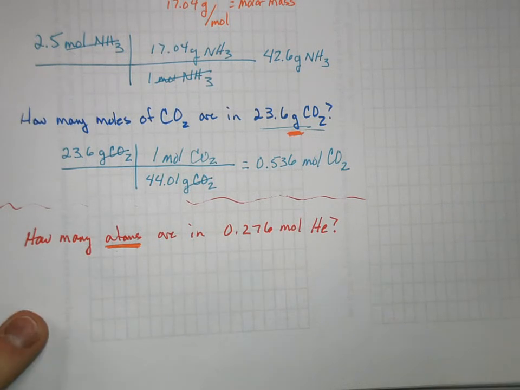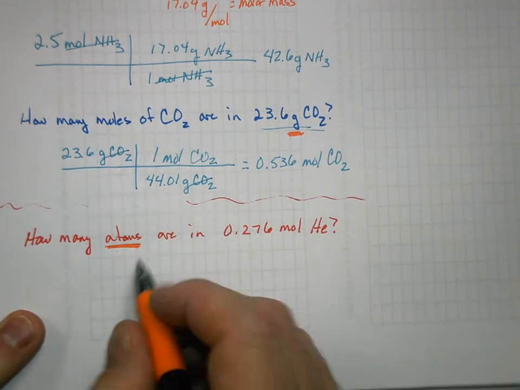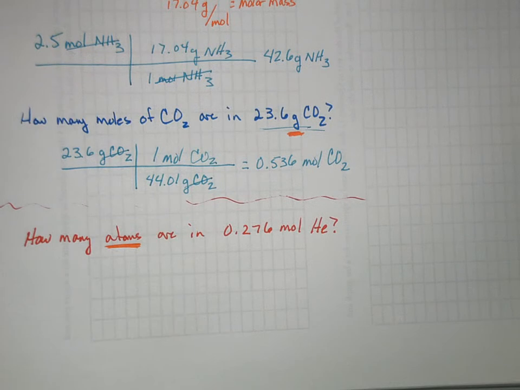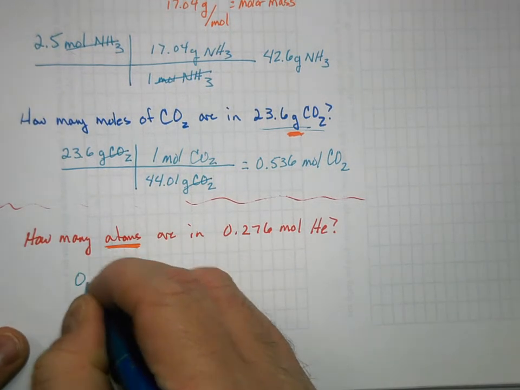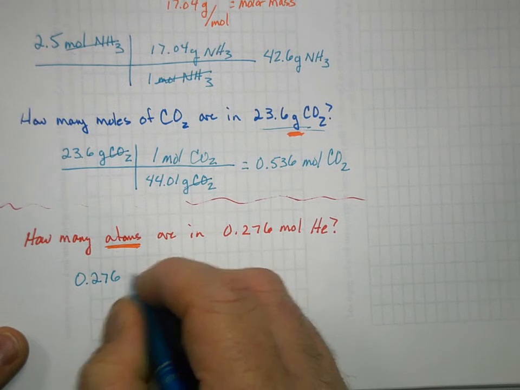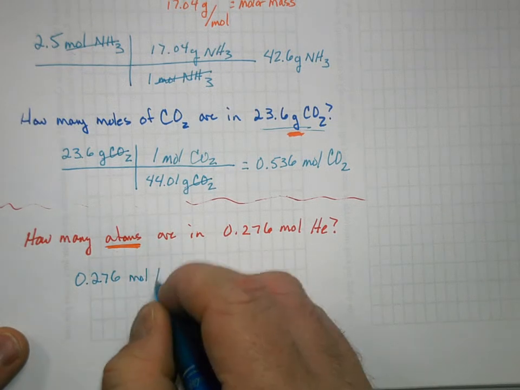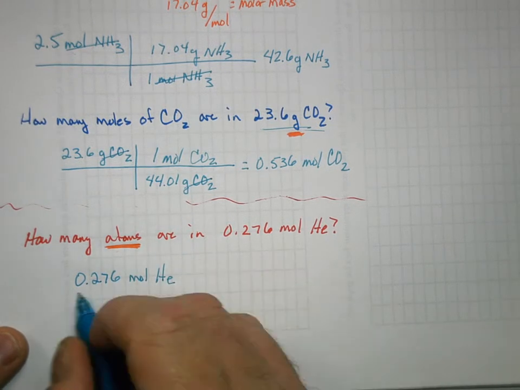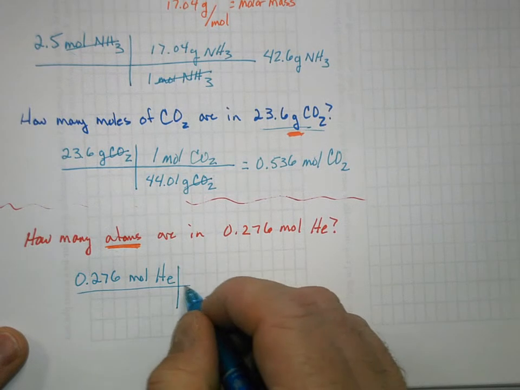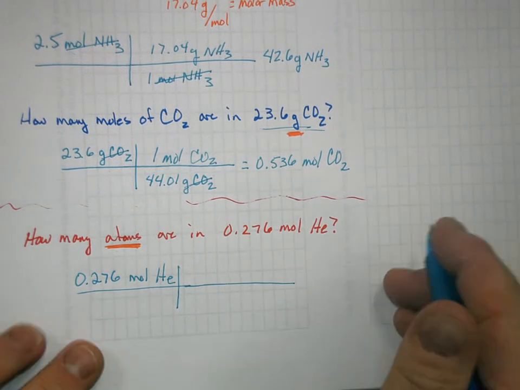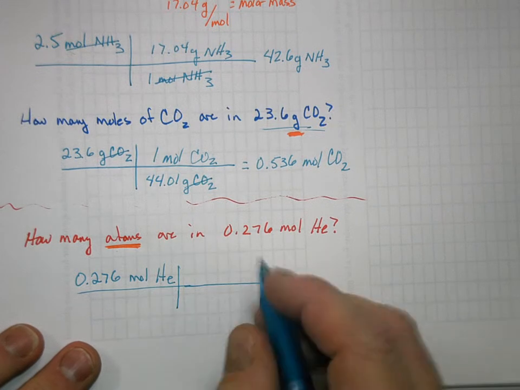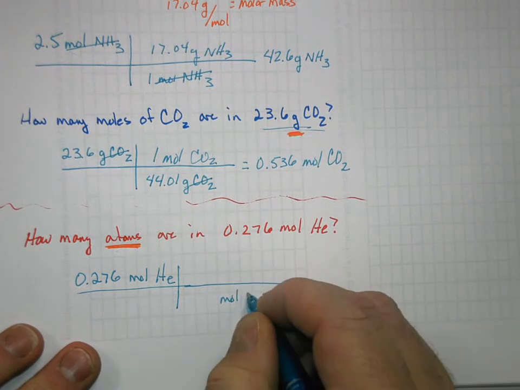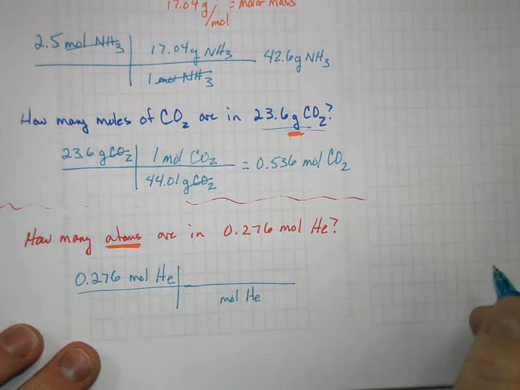Okay. So we start with 0.276. Here's mole of He. We want to cross cancel our units, so mole of He will go on the bottom.